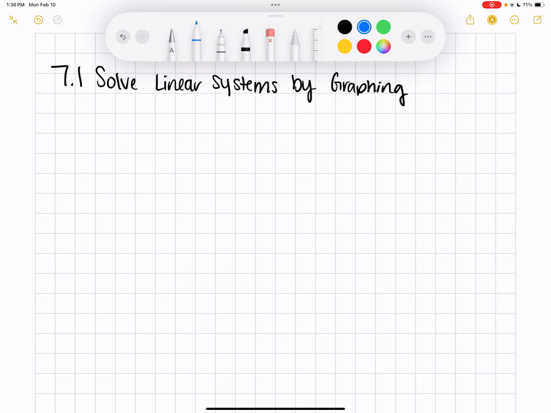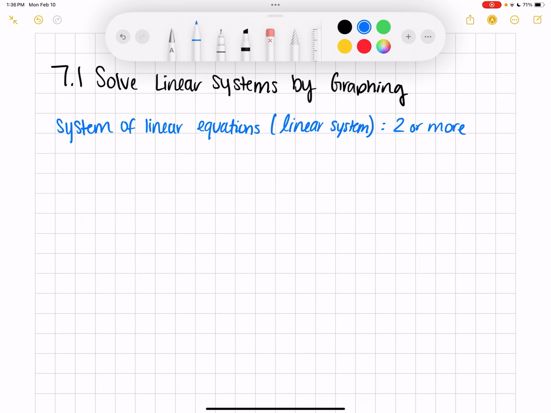So, a couple definitions. A system of linear equations, sometimes this is also just known as a linear system. Basically, two or more linear equations in the same variables.